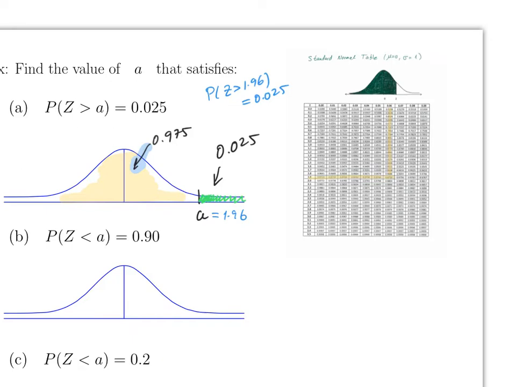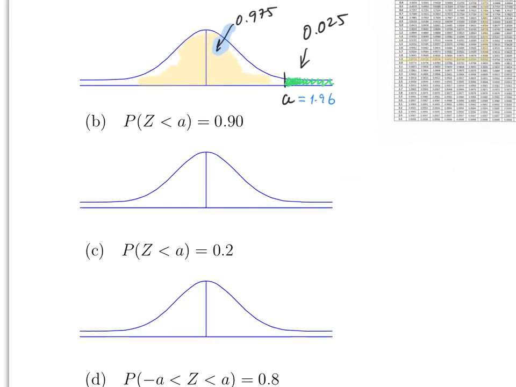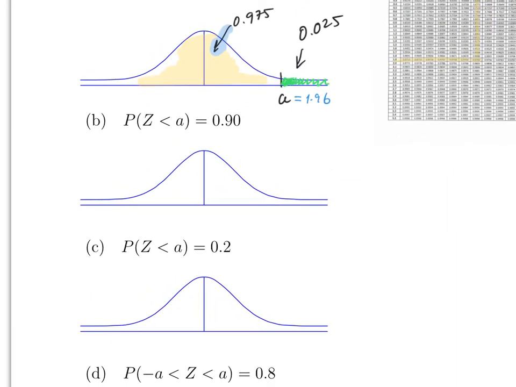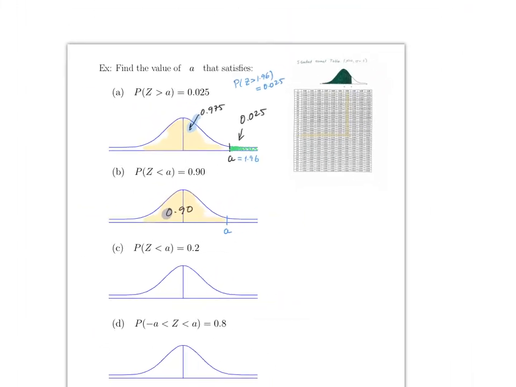Okay. For example, here, part B, it's already telling you that there is a value of A somewhere here, where the area to the left is 0.90. So all of this is 0.90. Well, we'll do the exact same thing with it right now. Look to the table.